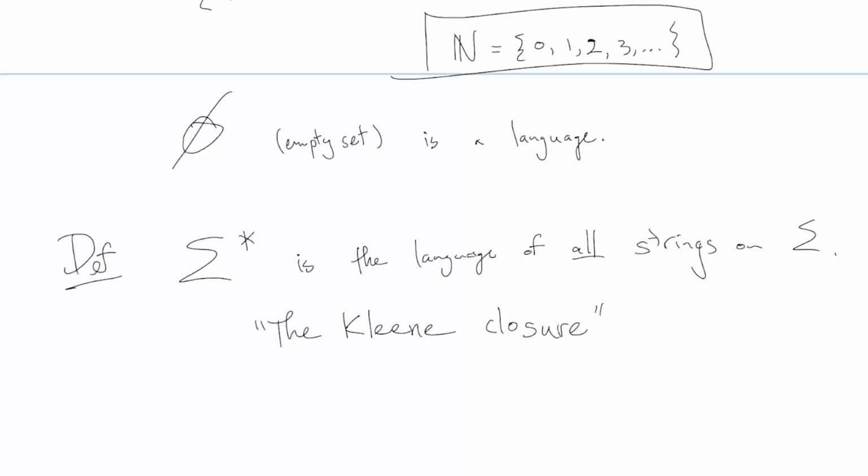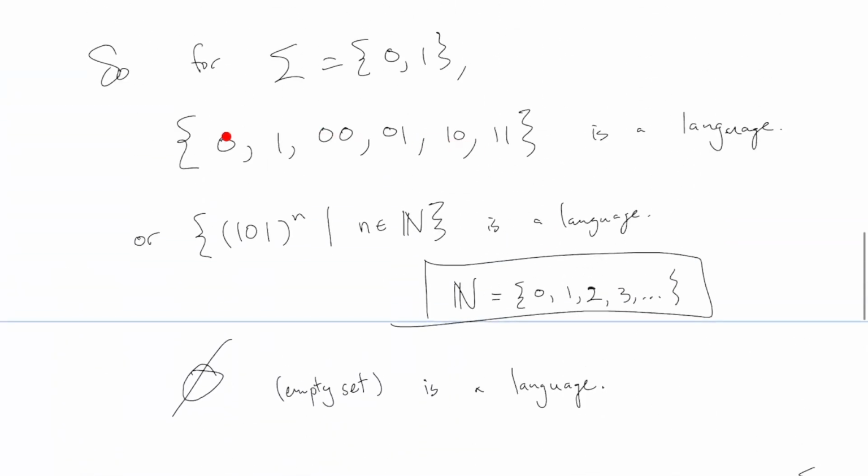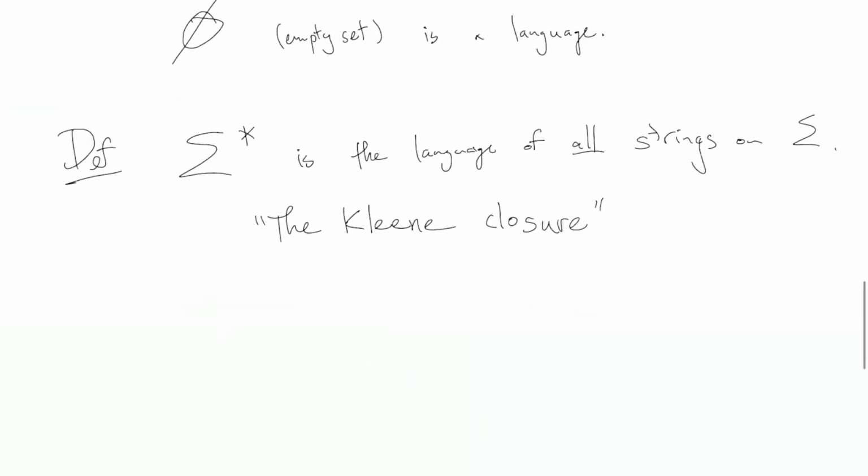And this set is always infinite. Some of these languages that I've discussed have been finite, like that one right there only has 6 different things in it. But this one here is infinite because it has every exponent, where that exponent could be any natural number. And this one is always going to be infinite if you consider all possible strings.